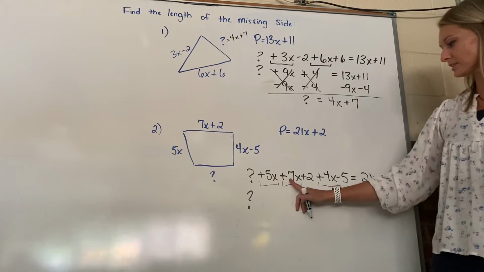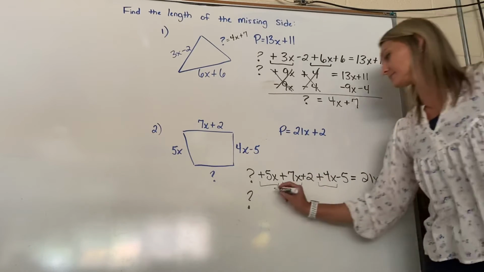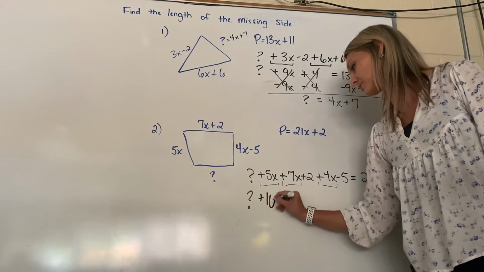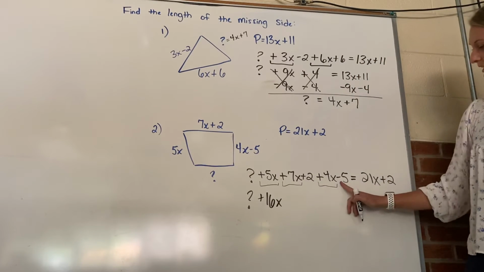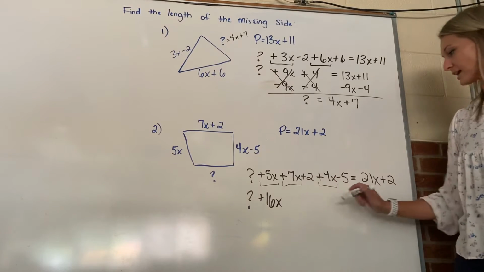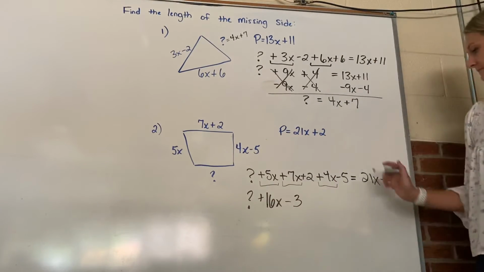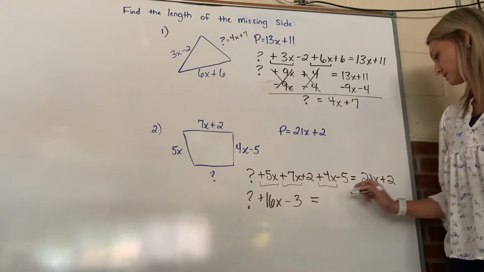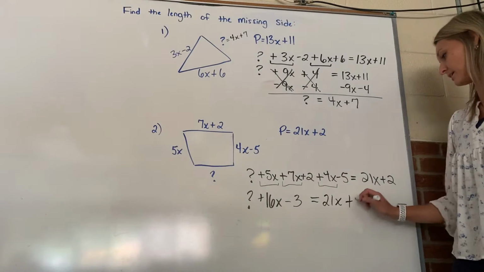So 5 plus 7 is 12, and then 12 plus 4 is 16x, so that becomes 16x. And then we've got a positive 2 and then a negative 5. So 2 minus 5 is negative 3. Okay, and then I bring down my equals, and I know it has to equal that in the end. So I'm just going to bring that down.